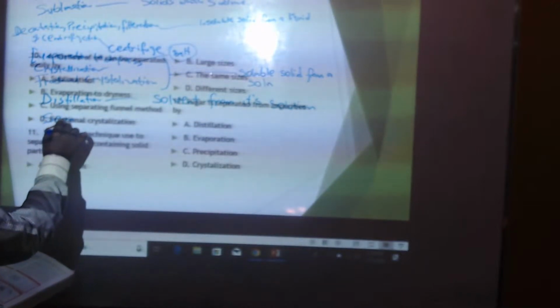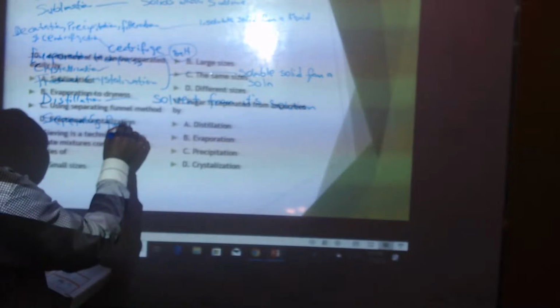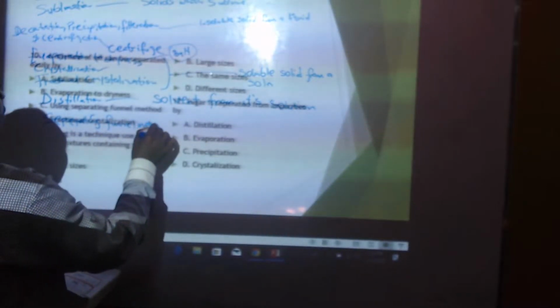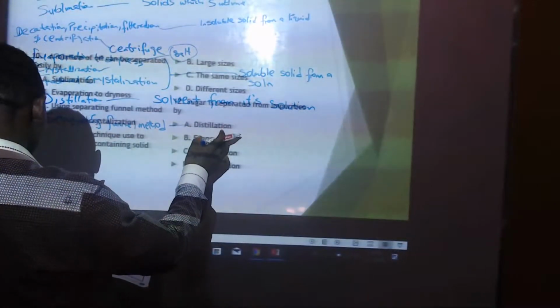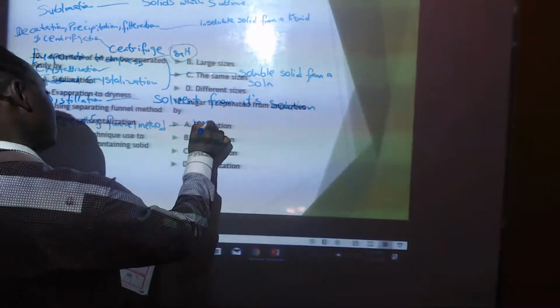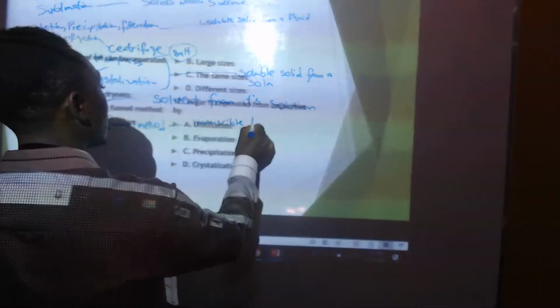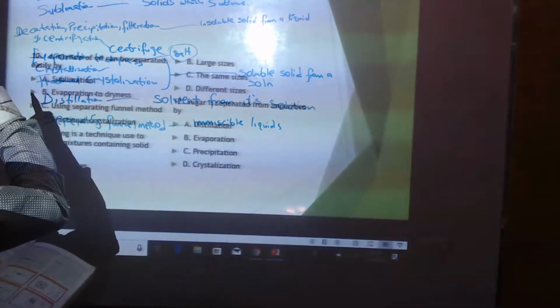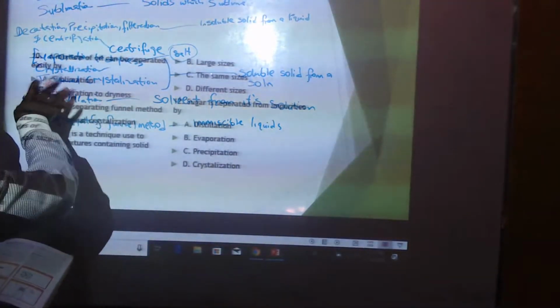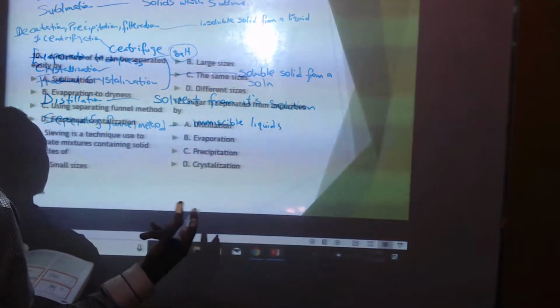Then the separating funnel method is used to separate immiscible liquids that cannot be mixed together. Remember when I was talking about oil and water, two of them cannot mix, and that's why I said it's better to use the separating funnel method.